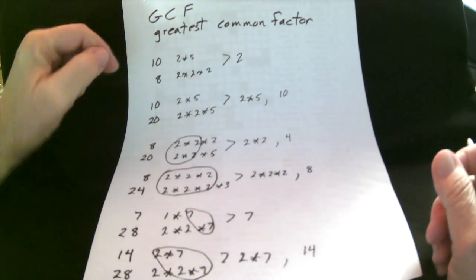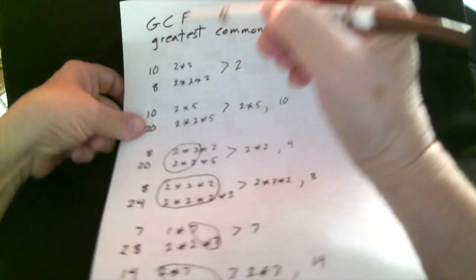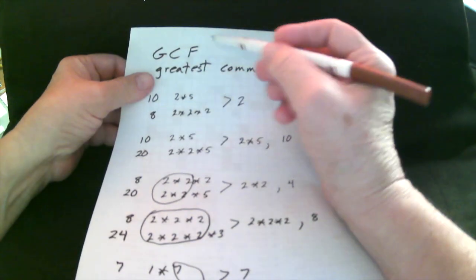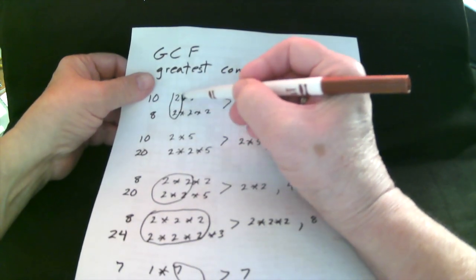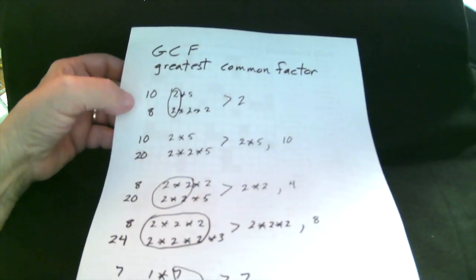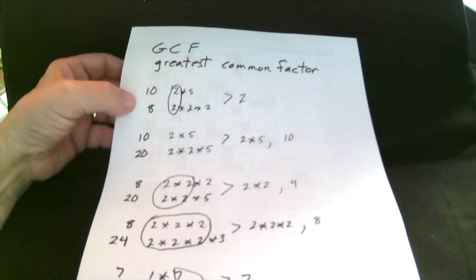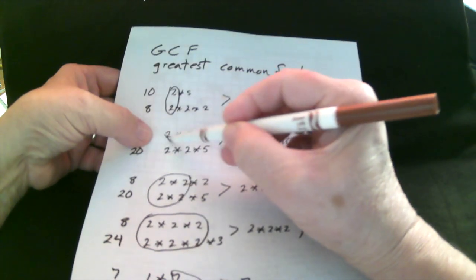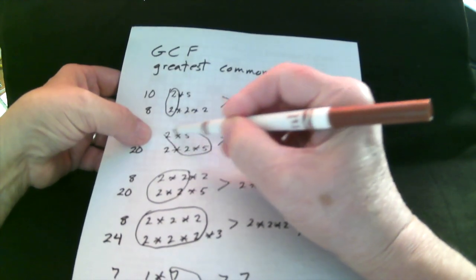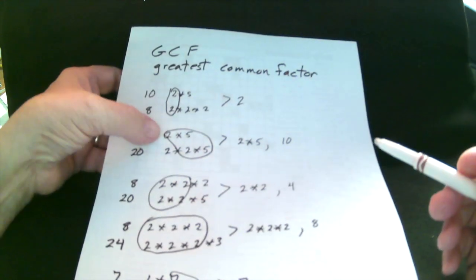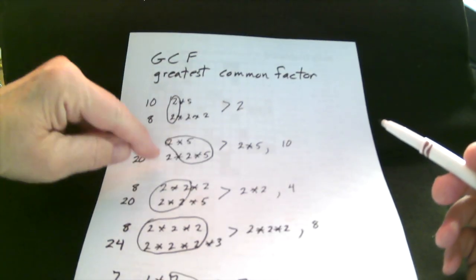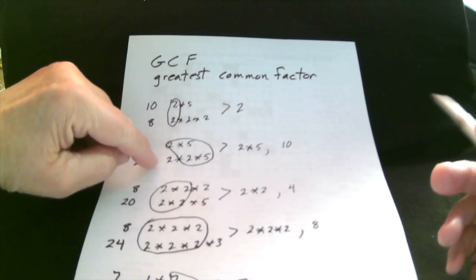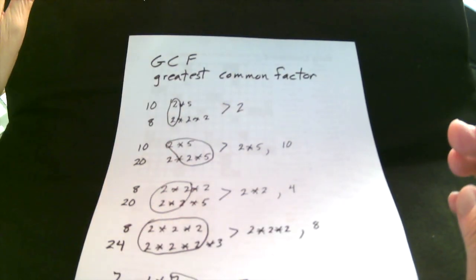So when you find a number in the factor lists that match, then you have the common factor. If you have the same factor in each number, but uncommon factors outside of them, you leave those out.